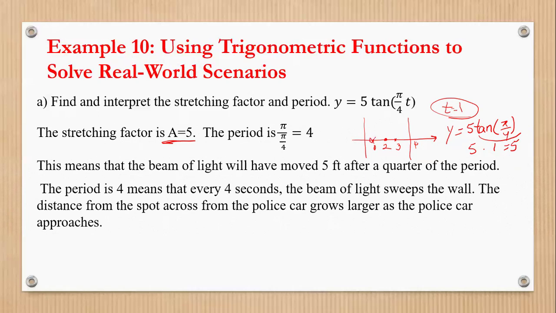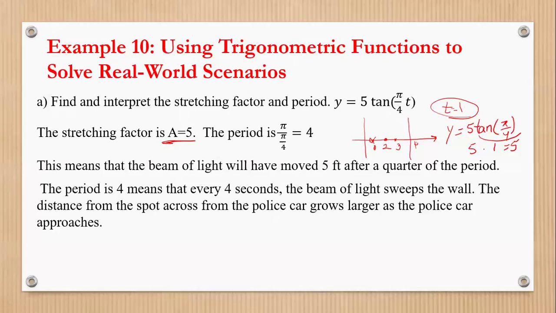And when the period of this function is 4, it means every 4 seconds the beam of light sweeps the wall, because the period tells you how the graph is repeating. When you have a period of 4, you have a function from 0 to 4, and another same function from 4 to 8, 8 to 12, which means that every 4 seconds the beam of light sweeps the wall. And the distance from the spot across from the police car grows larger as the beam approaches.